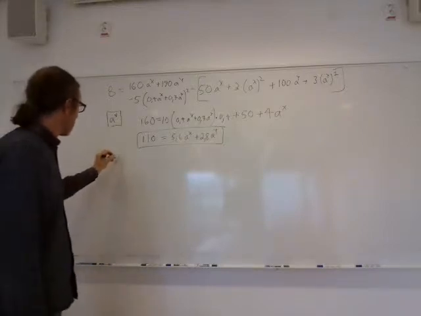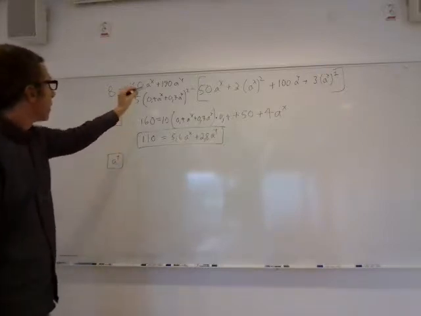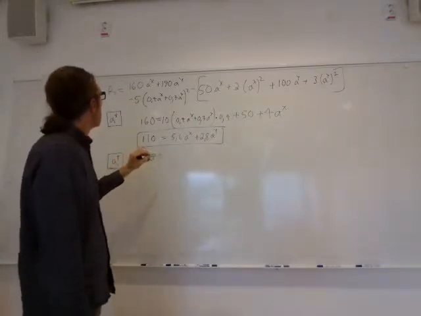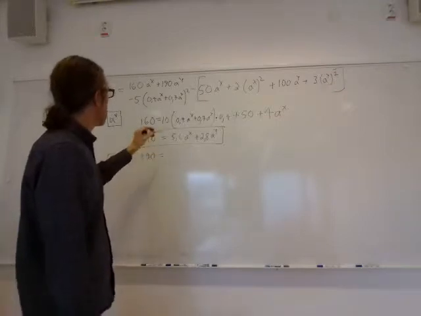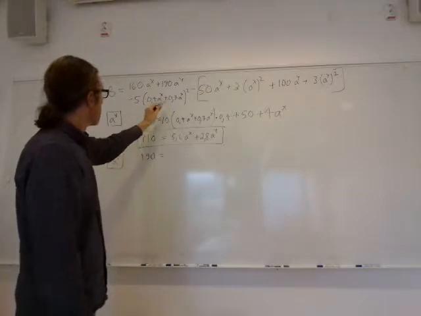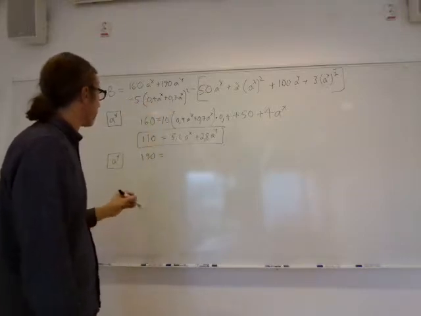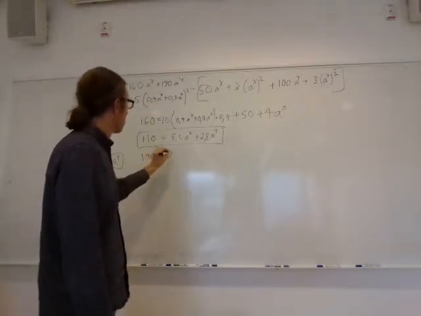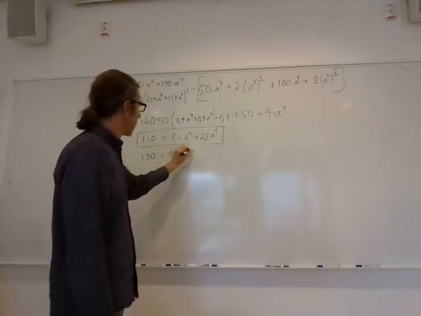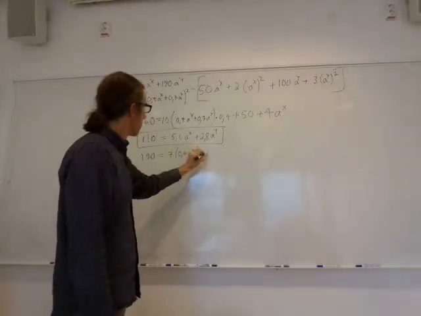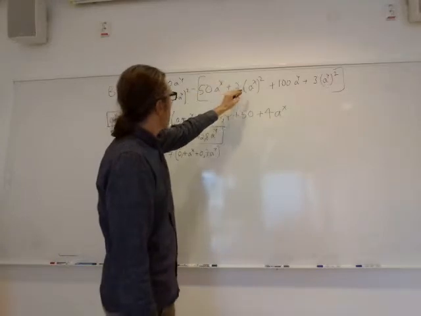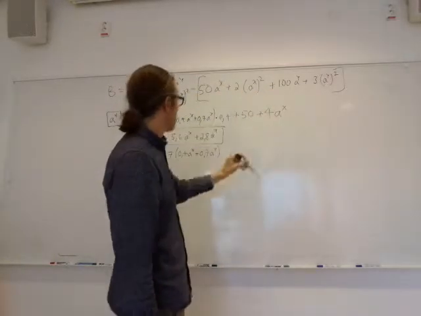First order condition in AY, 190 equals, I'm going to go straight there, 10 times this times 0.7, so that's 7 times (0.4 AX plus 0.7 AY), plus 100 plus 6 AY.